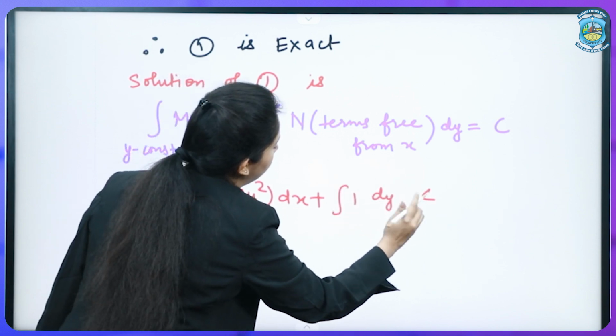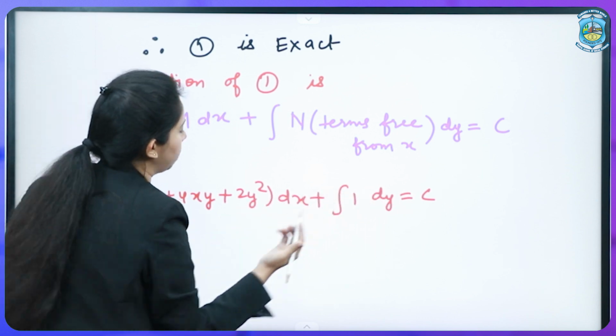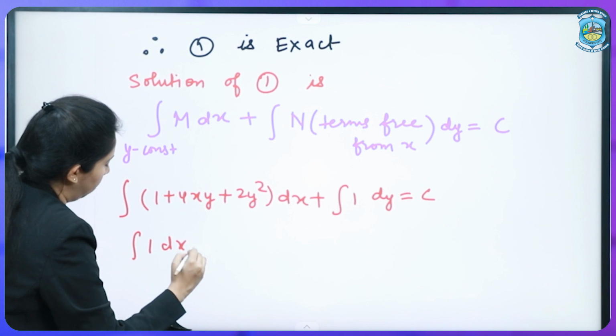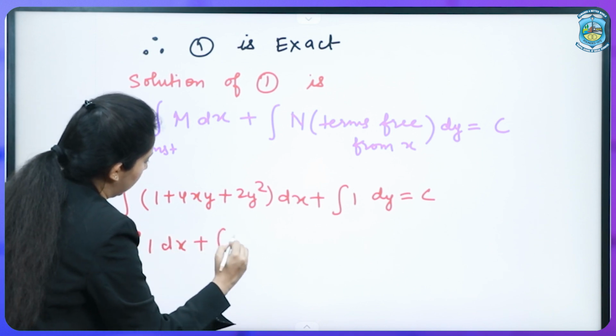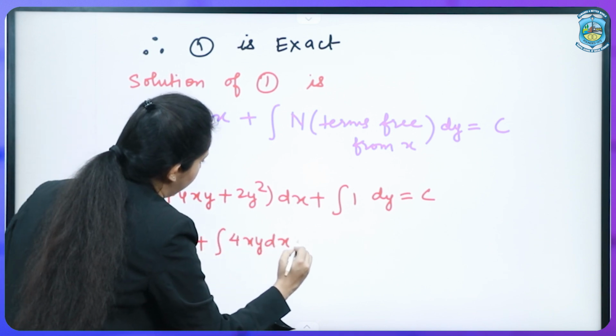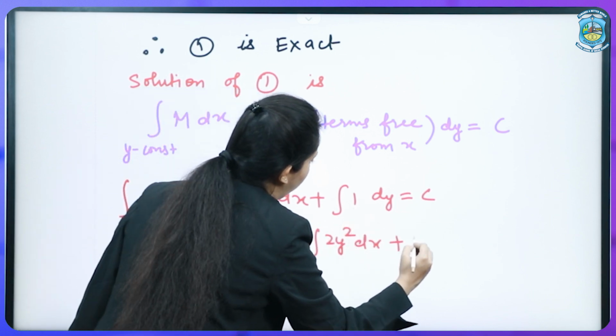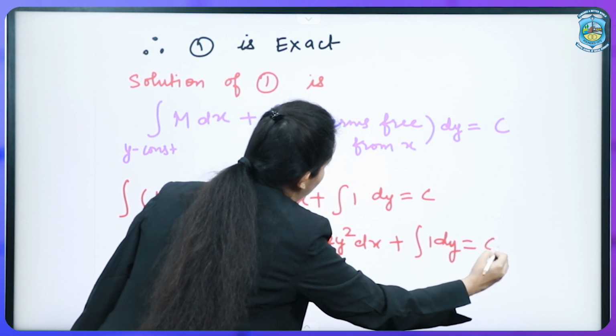Now, simply you have to integrate with respect to x and with respect to y. So, we will separate each and every term. So, integration of 1 dx, integration of 4xy dx plus integration of 2y square dx plus integration of 1 dy is equal to c.